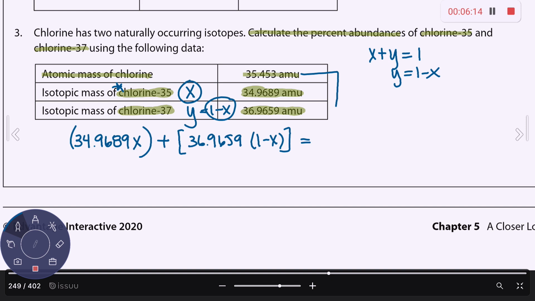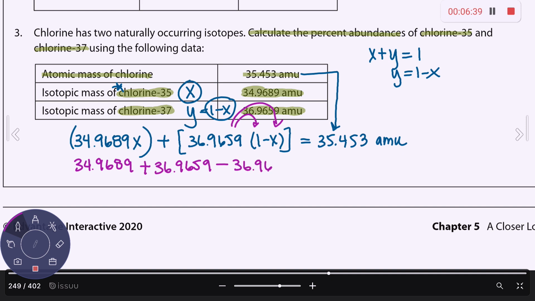This will add up to the average atomic mass for chlorine, and we'll solve for X. Here we need to distribute, and then everything else should be pretty smooth sailing. I forgot the little X right here. We would then combine the X's.